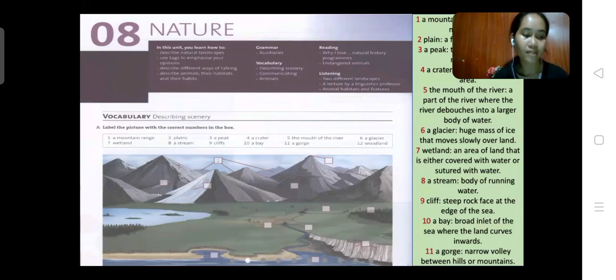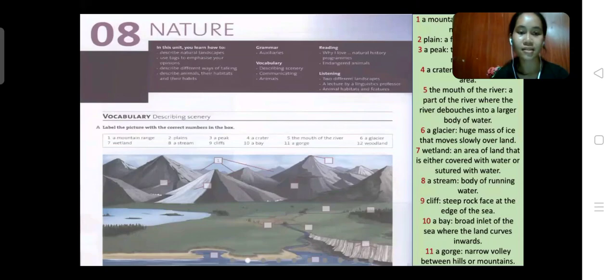We will explain describing scenery, communicating animals, and the reading part we will skip some parts, and we will skip all of the listening part as well. So the first part is vocabulary, describing scenery.